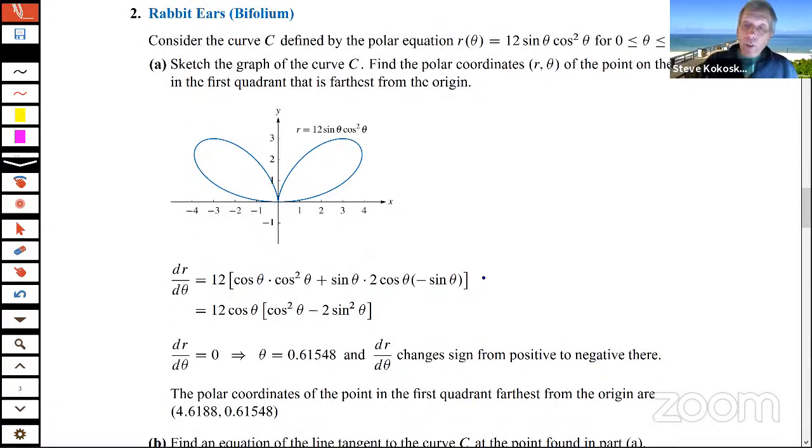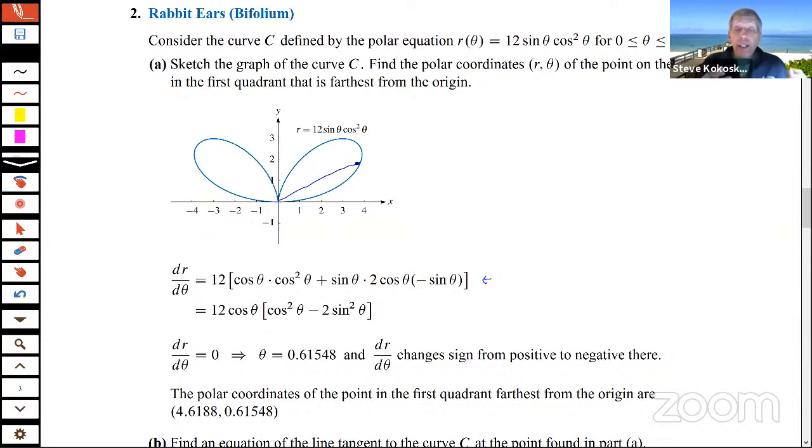There's an awful lot going on behind the scenes. But what in fact is the distance from any point on this curve to the pole? It's the value of r. And so what I'm really trying to do here is maximize that expression for r.